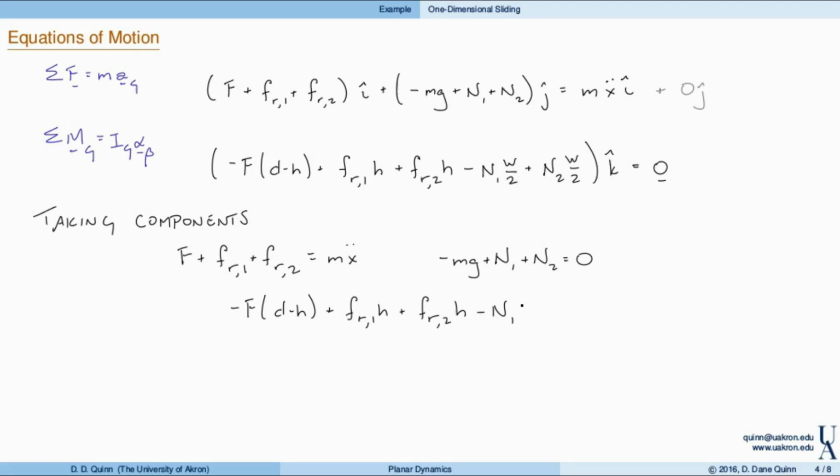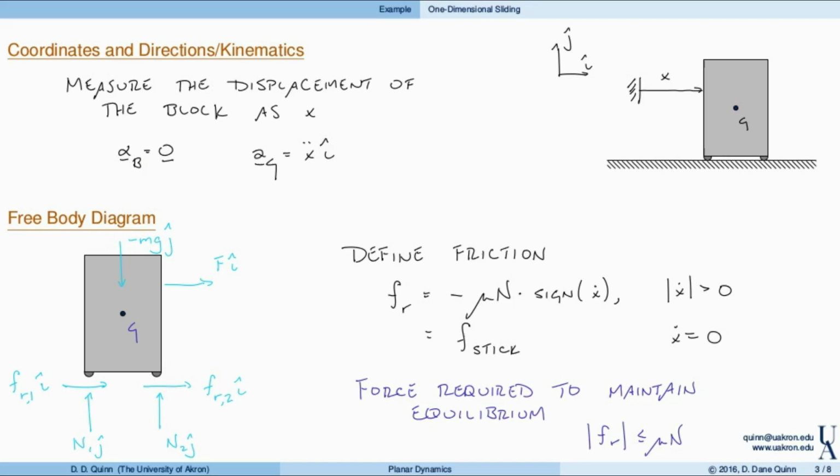Then we have the moments produced by the two normal loads, minus N1 w over 2 and N2 w over 2 equals 0. So we have these three equations, and then in addition we have our friction law from our previous discussion from the free body diagram. So each one of these friction forces is related to either the normal load or the motion in this way.